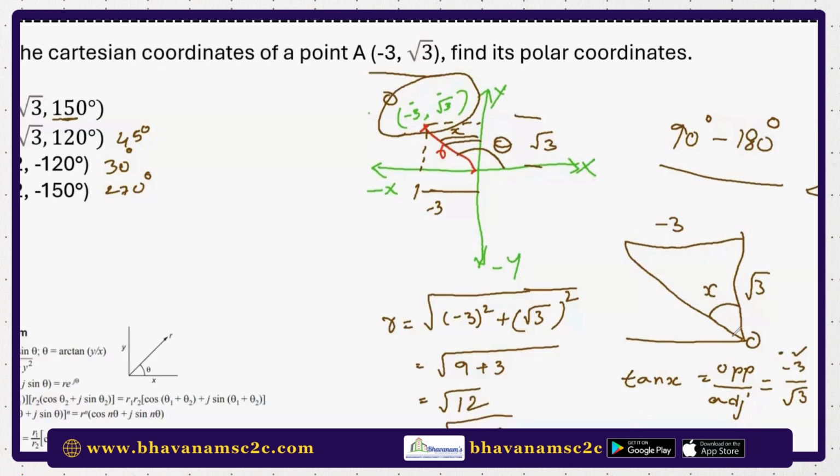Please don't get confused. When calculating within this triangle, you consider 3 by root 3, and then your x value will be 60 degrees. But since here you take it from the coordinate directly, it is minus 3, and you will get the value as 150 degrees directly. I hope this is clear.